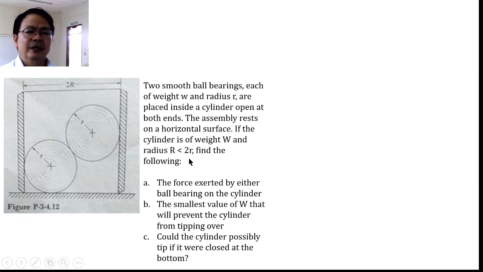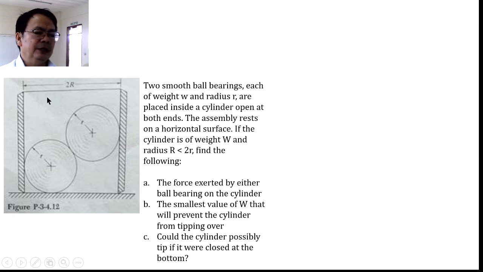Otherwise, kapag hindi nangyari yan, mahuhulog lamang itong cylinder, and then the question letter A will not be answered anymore. Kaya ang condition is that the radius here must be less than twice the radius of the ball bearing. And we are required here to find the force exerted by this ball bearing upon the cylinder.